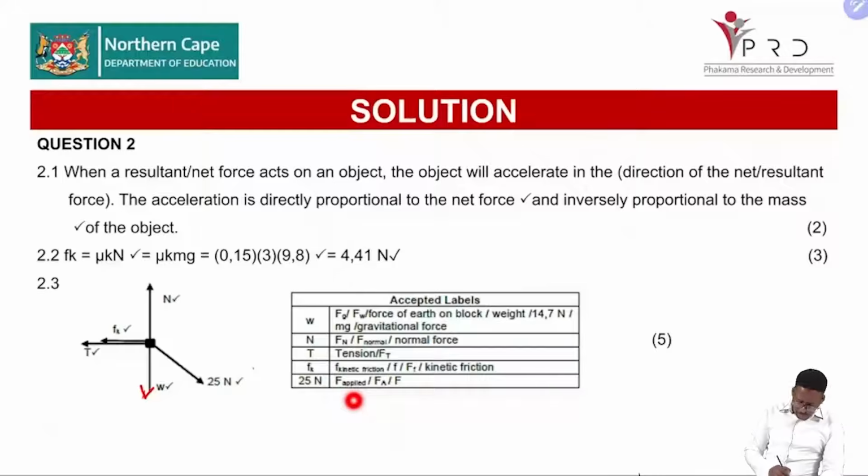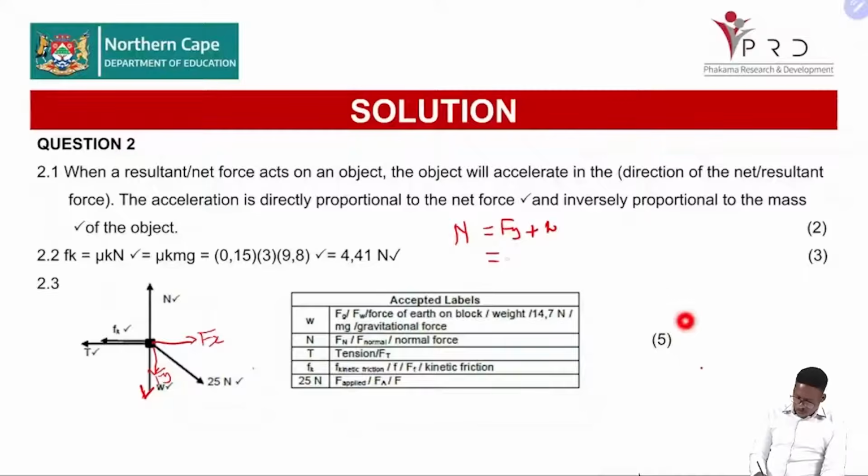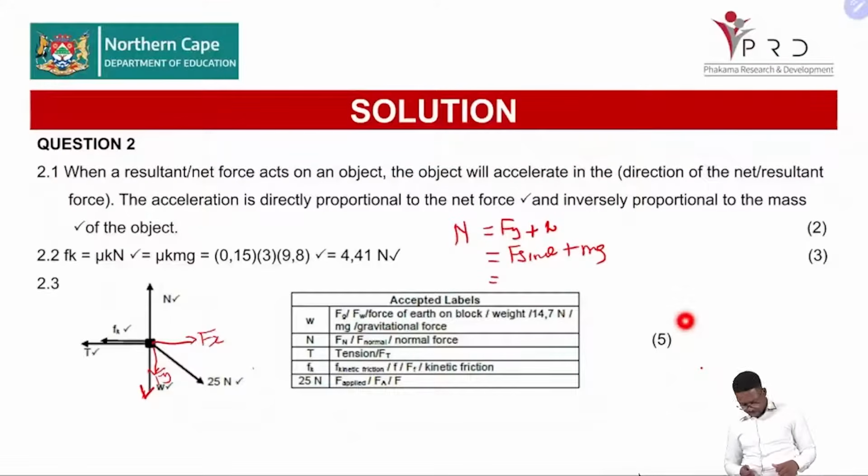When you look at this free body diagram, it is telling you that if we resort to components here, we are going to have Fy and we are going to have Fx. Then what does this mean? It means that the normal force is equal to Fy plus our weight. What is our Fy? It's F sine theta plus mg. Then you can substitute from there for you to get the normal force.